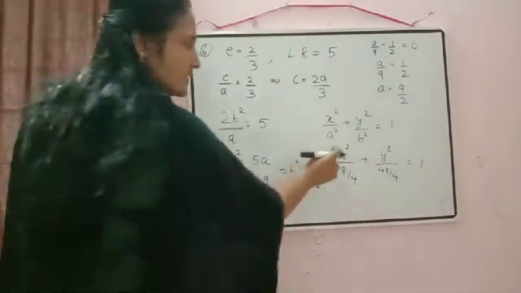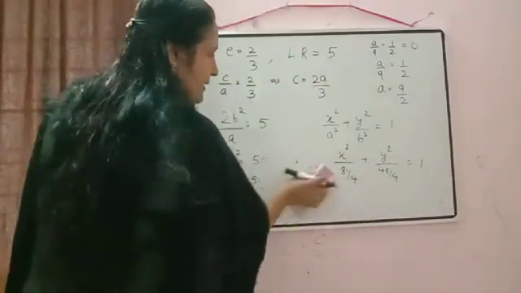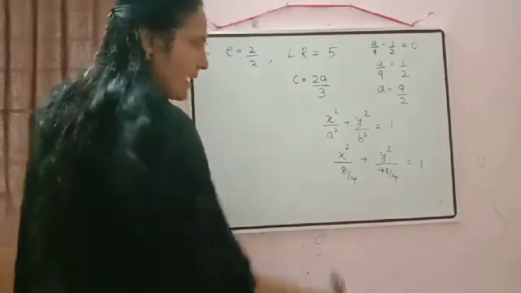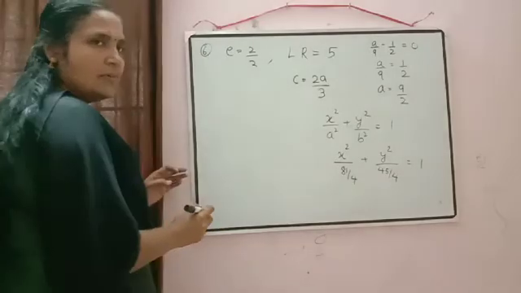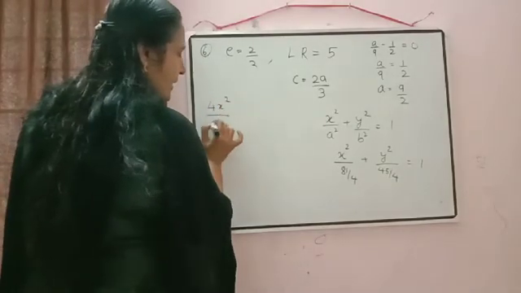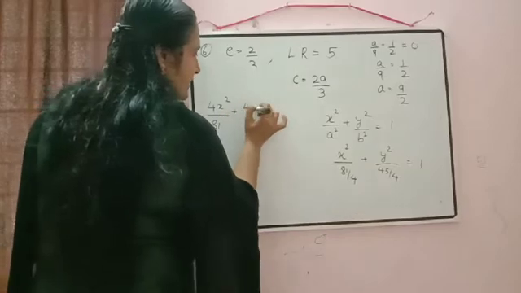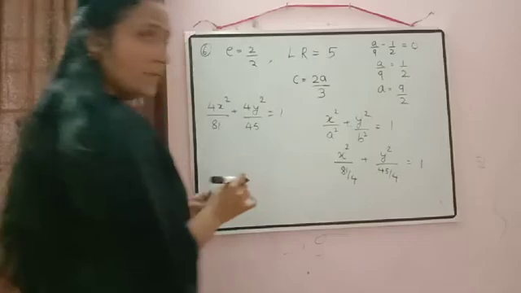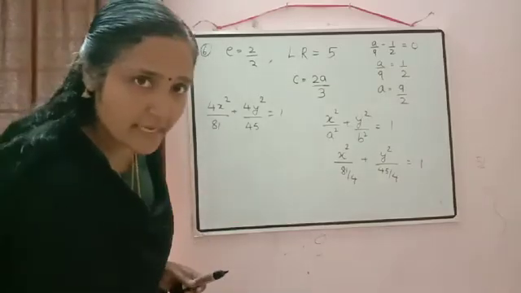Now just to check, x square divided by 81 by 4. So when you will change the division into multiplication, what will happen? 4 will go to numerator. So we will get here 4x square by 81 plus 4y square by 45 is equal to 1. So I hope this question is clear.